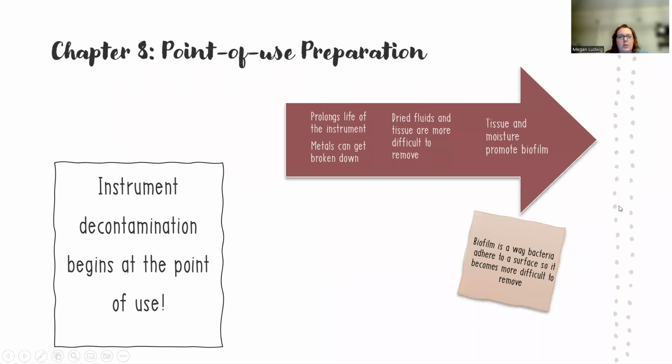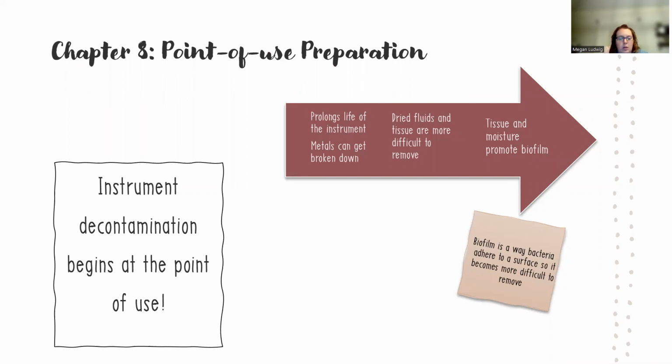So really, what is point of use preparation? This is a big thing, and this was pounded into me as a surg tech: instrument decontamination begins at the point of use. So when the surg tech or whatever department is using that instrument, as we're using it, we're wiping it down, keeping it clean.